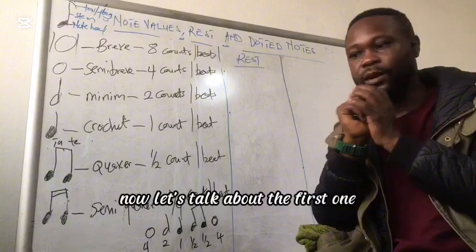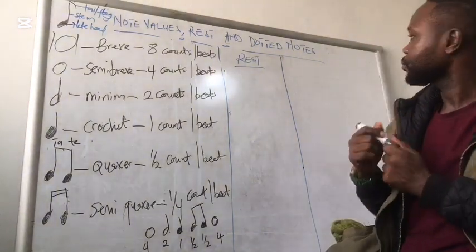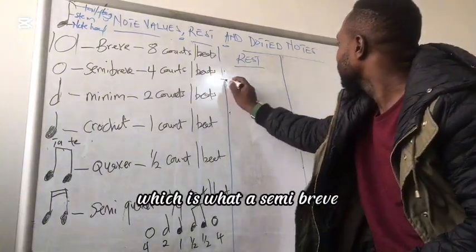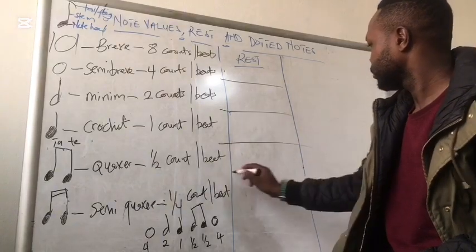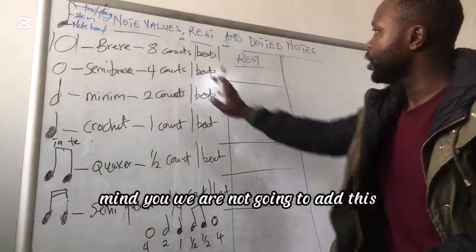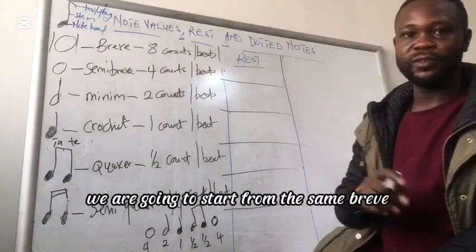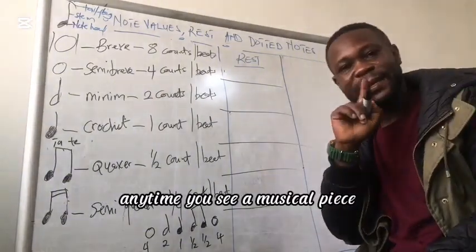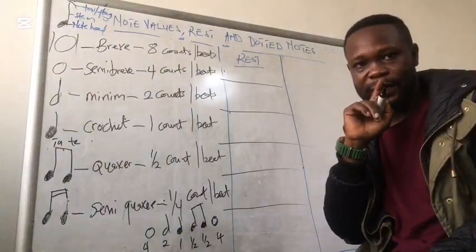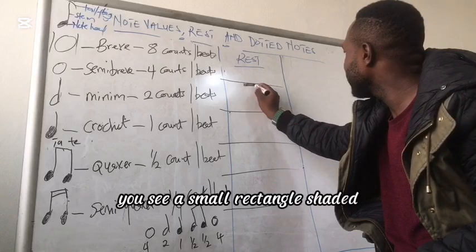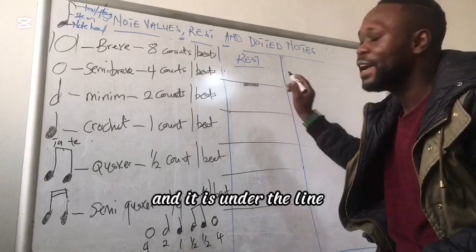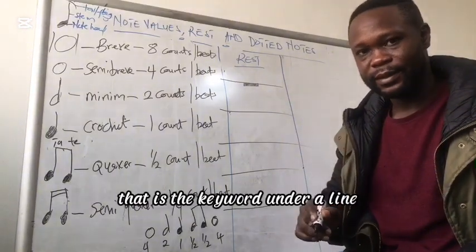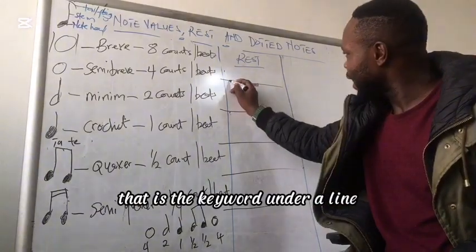Okay, now let's talk about the first one, which is the semibreve. Mind you, we are not going to add this. We are going to start from the semibreve. Anytime you see a musical piece, you see a small shaded rectangle and it is under the line. That is the keyword, under a line.